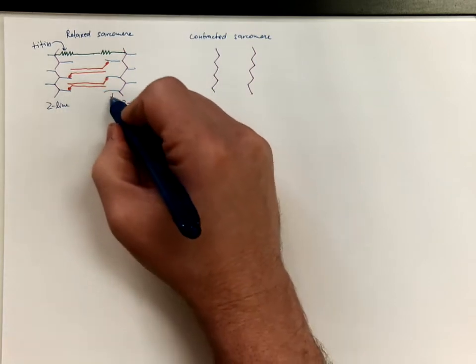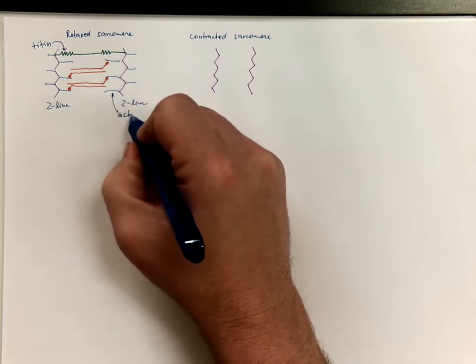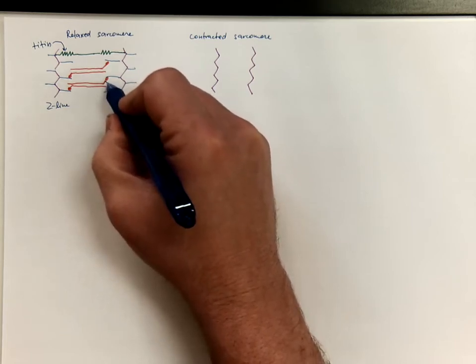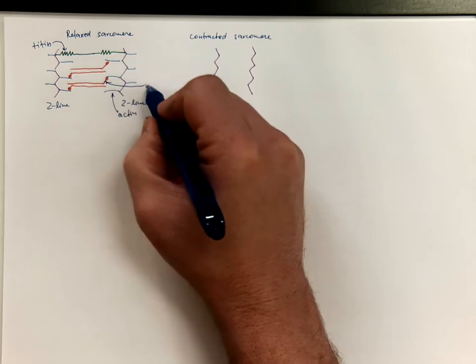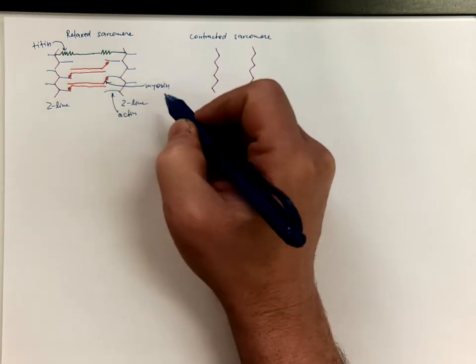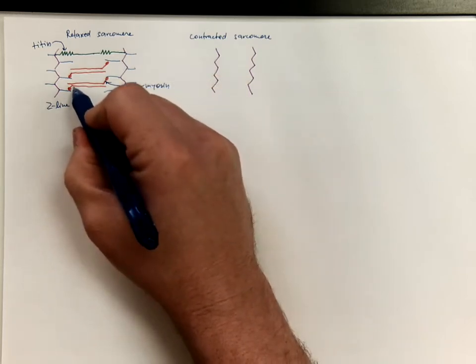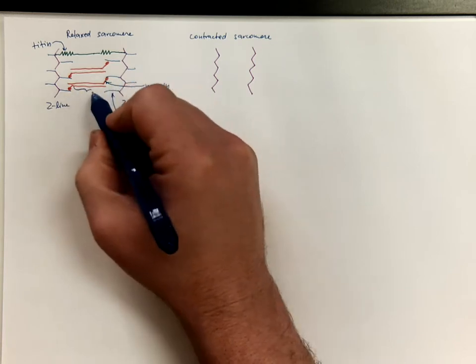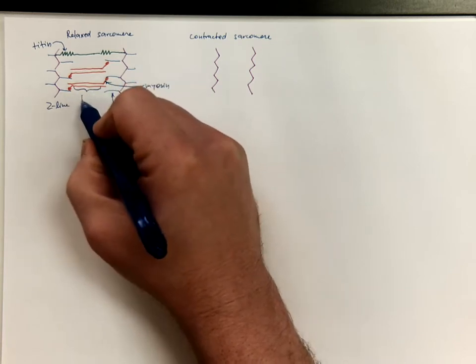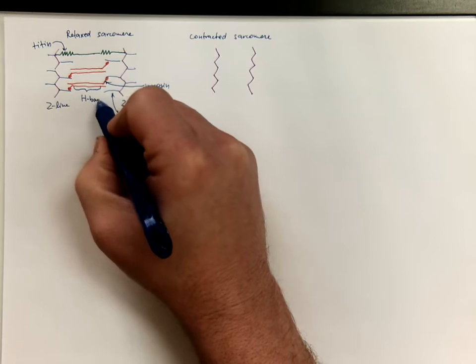This is the actin. This is the myosin. And we know that the region made of myosin only is called the H band.